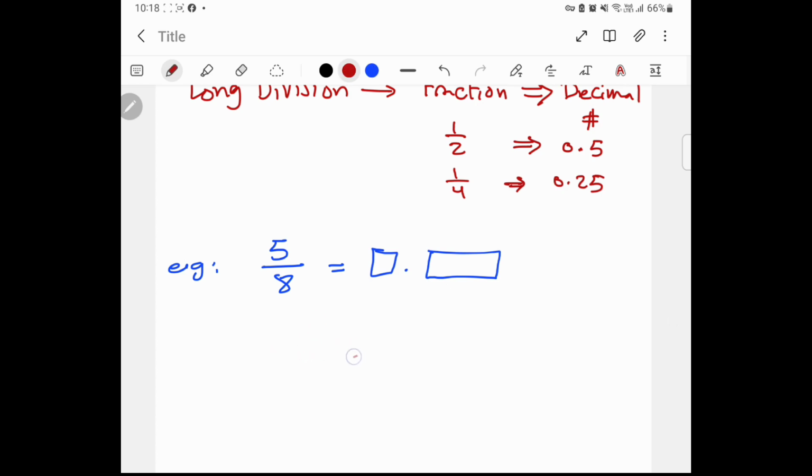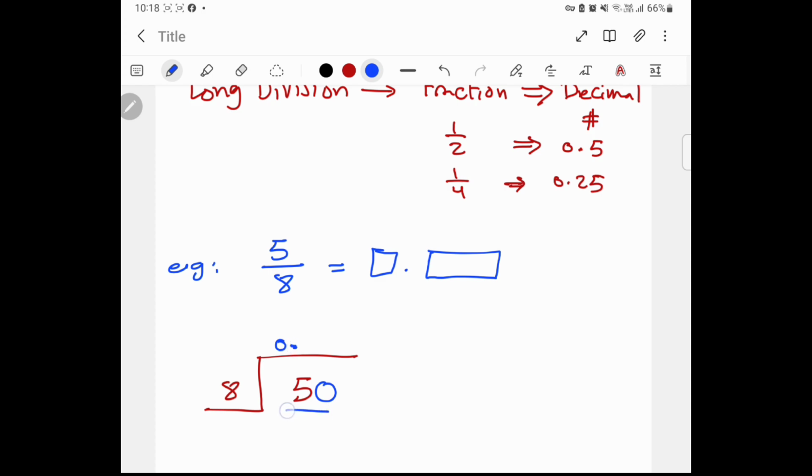So we have 5 divided by 8, and since 5 is a number less than 8, we cannot do a direct division. So the strategy is to add a 0 first to the 5, which becomes 50, and at the same time you add the decimal on top.